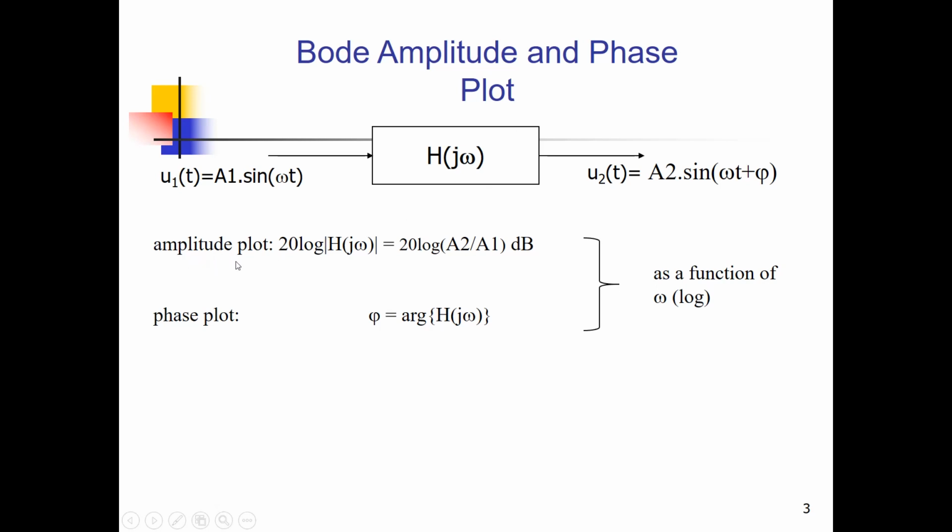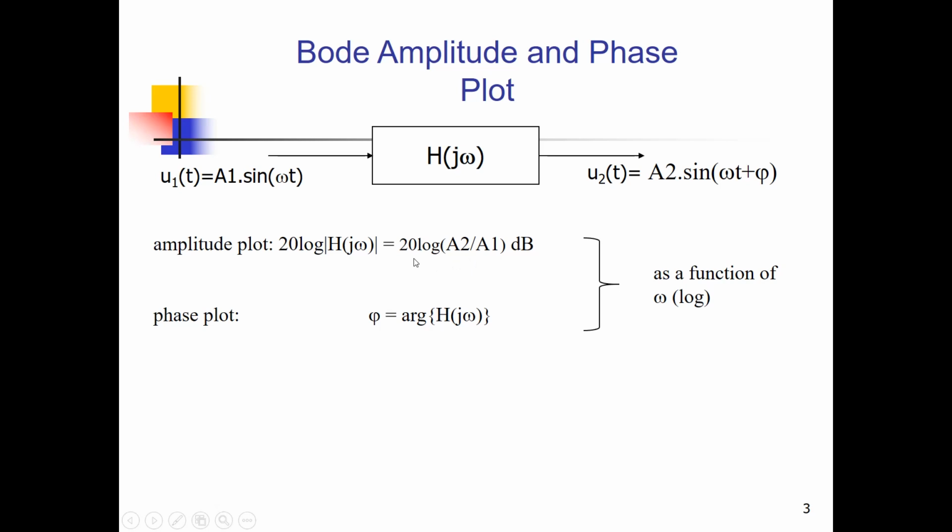For the amplitude plot, we don't plot the ratio between A2 and A1, the amplitude of the output signal and the amplitude of the input signal, but we take the logarithm with base 10 of that division of A2 and A1, and we multiply it by 20.